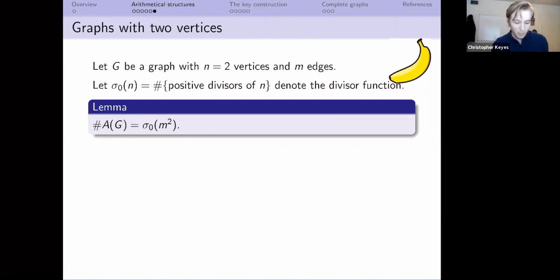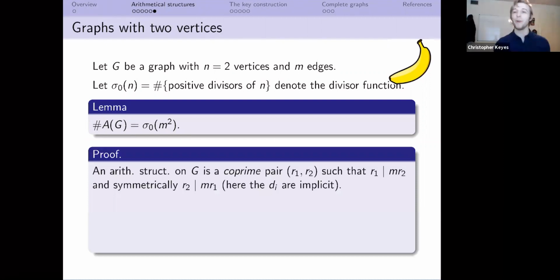And there's a really neat quick proof. If you just write down what it means for R and D to be an arithmetical structure, what you're really talking about is the data of a co-prime pair of integers, R1 and R2, such that R1 divides m R2 and the symmetric relation, R2 divides m R1. And notice that this implies, since these are co-prime, that R1 must divide m, and so must R2. So we have this set now of co-prime pairs of divisors of m.